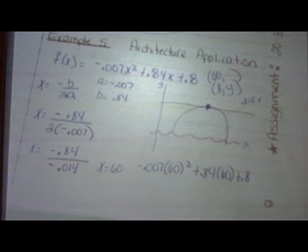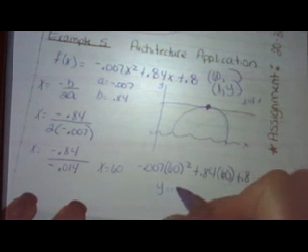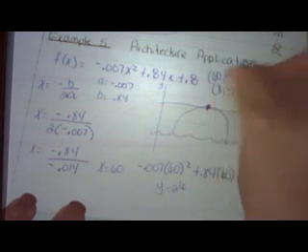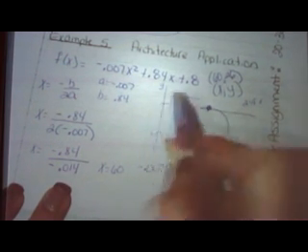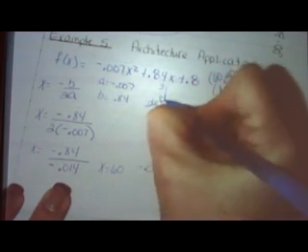Negative 0.007 parentheses 60 squared plus 0.84 parentheses 60 plus 0.8. So I know that y equals 26. So this highest point right here, the highest it's going to be is 26 feet.